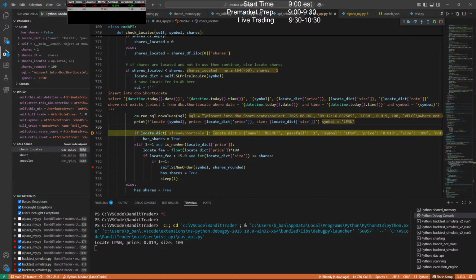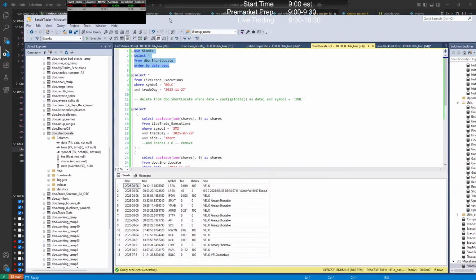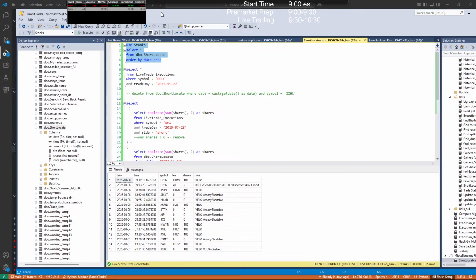Oh, let me check the database too. Short locate. So here we go, here's the results in the database. Look at that. It says $40. 2 shares though. Why does it say 2 shares? That's odd.